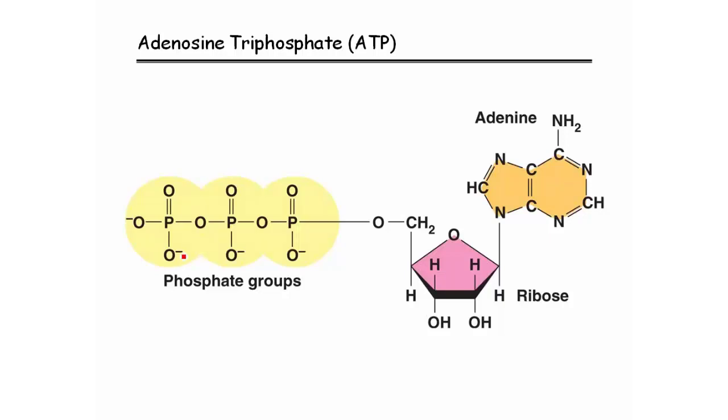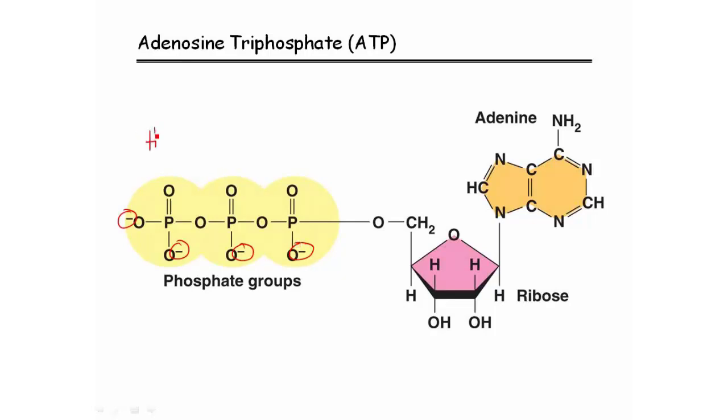Notice that we've got 3 phosphate groups in a row. These phosphate groups happen to have lots of negative charges on them. And as we said previously, like charges are going to repel each other. So what we've done on this end of the molecule is we've taken a bunch of negative charges and crammed them in quite tight proximity to each other.